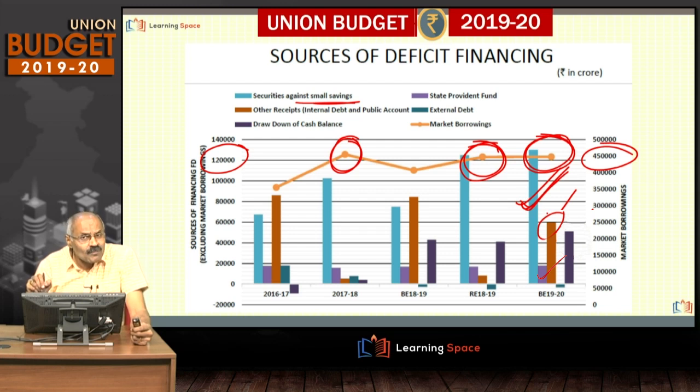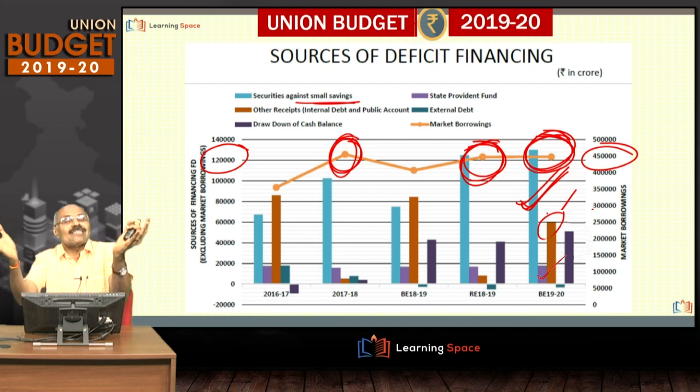And you may have a doubt, what are the advantages? What are the disadvantages because of that? One advantage I would like to tell you, as the market borrowings are kept at the same level, now the funds availability for the private sector is ensured. That means private sector will have sufficient funds for the borrowings from the market. Because of that, it prevents crowding out of private investment.